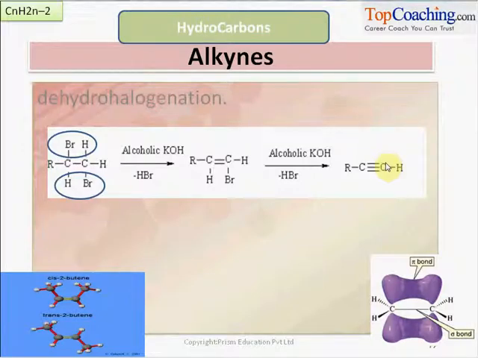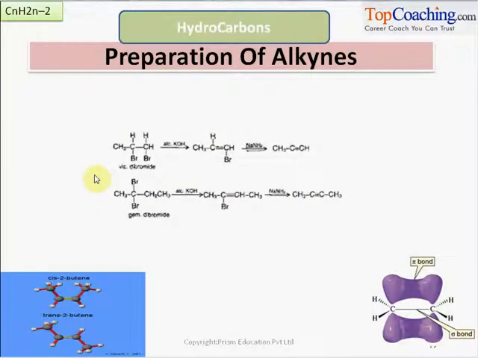Now what are vicinal dihalides, friends? We know what are dihalides, right? As the name suggests, di means two, halides means the halogen atoms: chlorine, bromine, iodine. So when these two halogen atoms are found on different carbon atoms, these are called vicinal dihalides, whereas if the halogen atoms are found on the same carbon atom, we call them geminal dihalides.